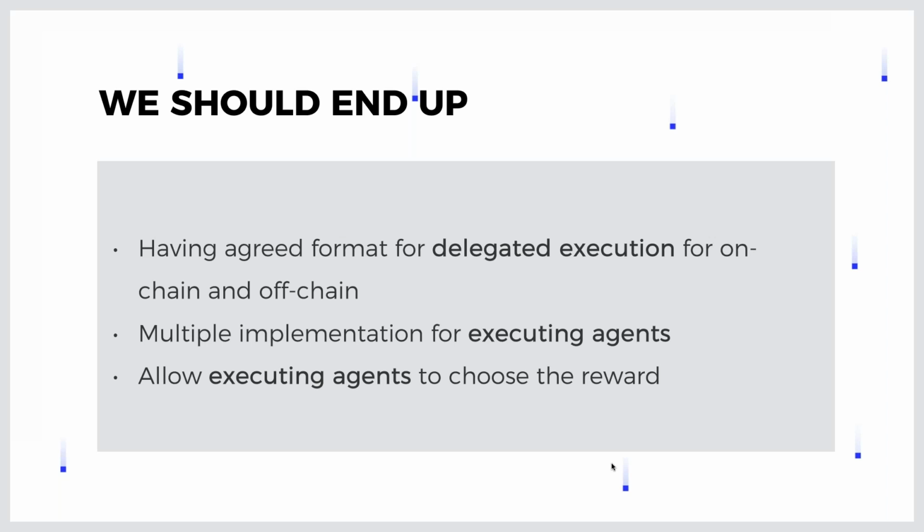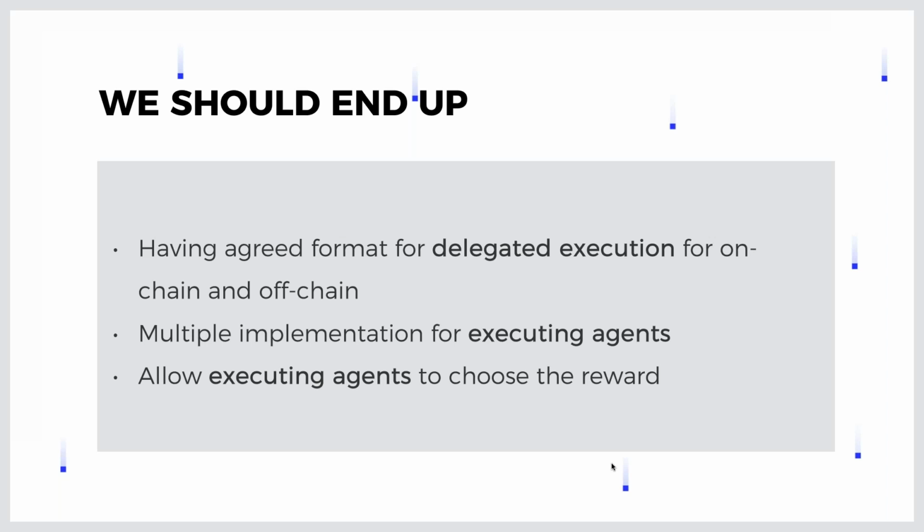It would also be great, and would improve decentralization, if we have multiple implementations of those executing agents, meaning that we are not basing on one reference implementation, but all the teams and protocol creators can build their own. But in general, the idea is that we have a common interface for those delegated execution contracts or off-chain messages.